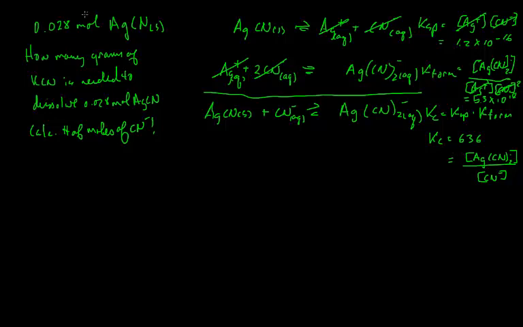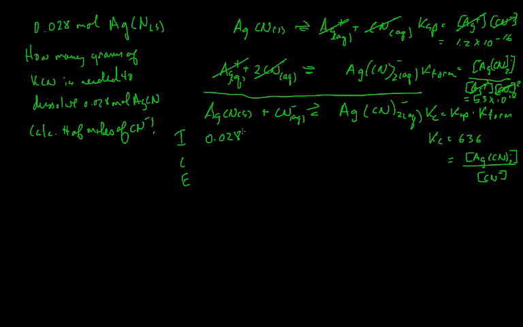Okay, so it states that we have 0.028 moles of silver cyanide. So initially, we draw our ICE chart. Initially, we've got 0.028 moles of this.